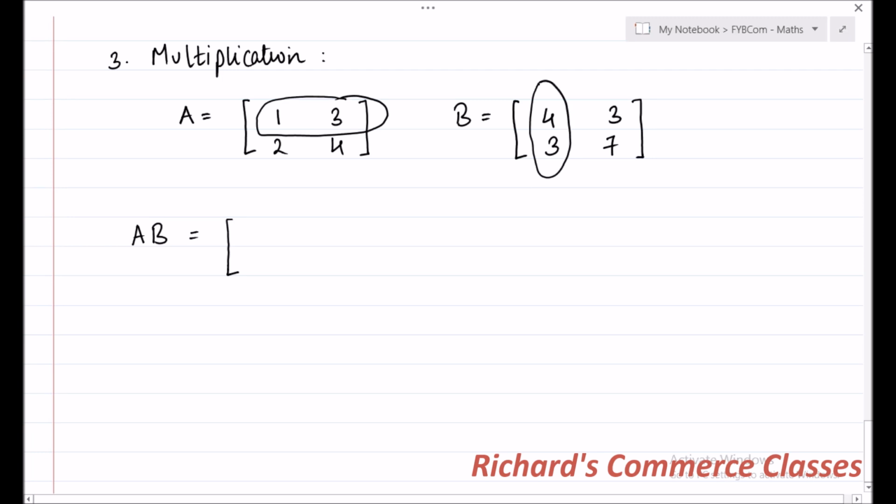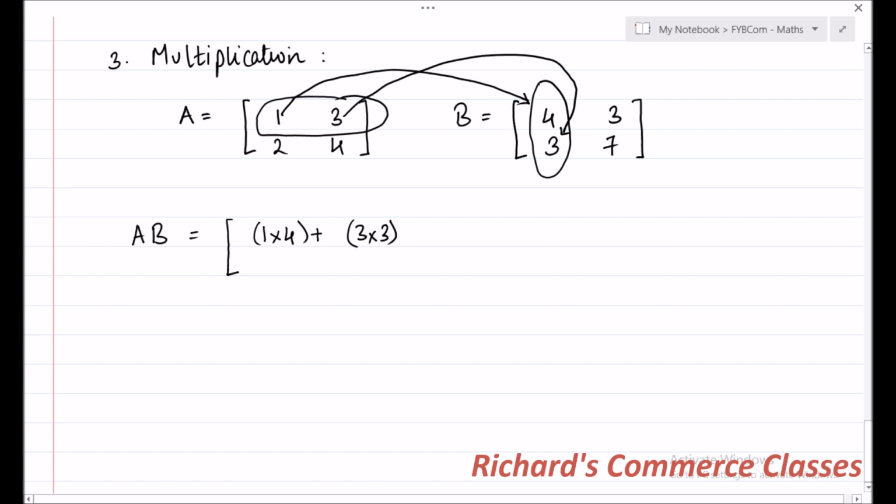Take the first row of the first matrix and take the first column of the second matrix, and when you multiply, you will multiply 1 into this 4, which is 1 into 4, plus this 3 into 3. This is your first element.